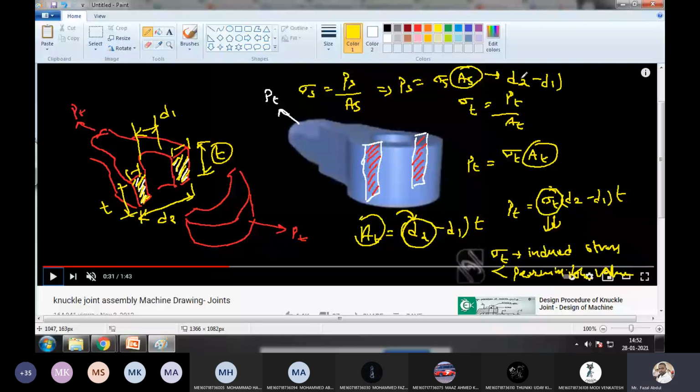This is the only area if it fails in shear. If it is going to fail in shear, the same area is generated. So if you substitute here, the Ps value will come as sigma s into D2 minus D1 into t. With this equation we are going to check with sigma s.